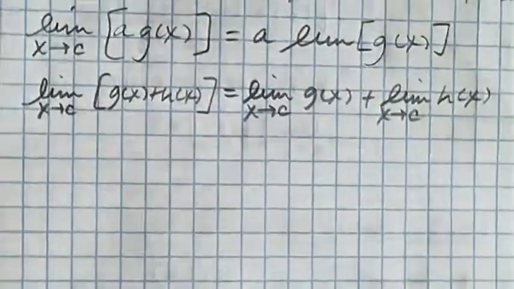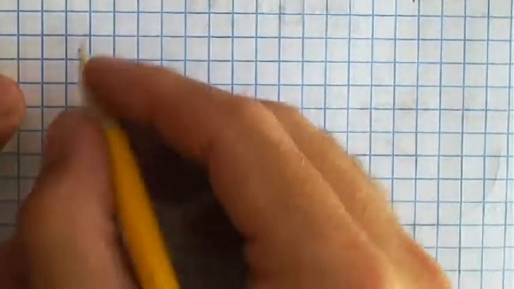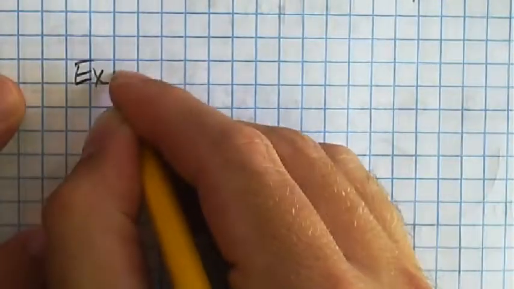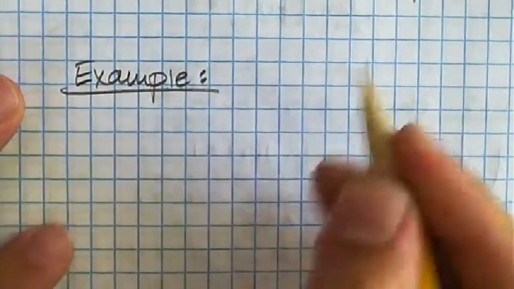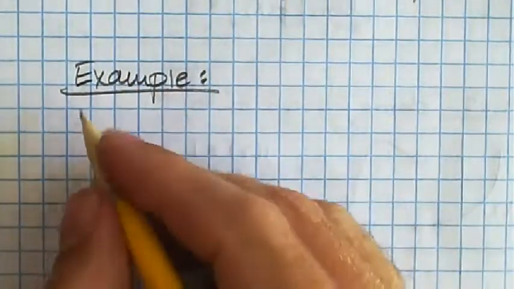Okay. Now, for example, suppose you're given a couple functions, because I have seen these types of items.